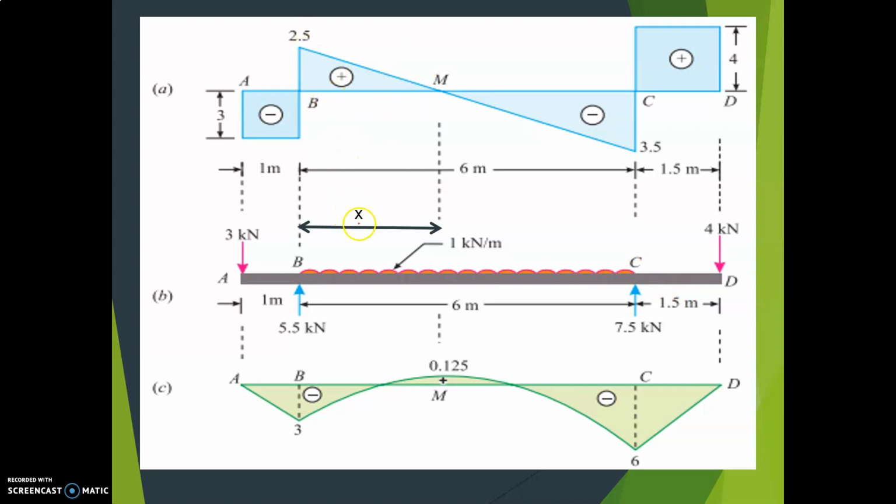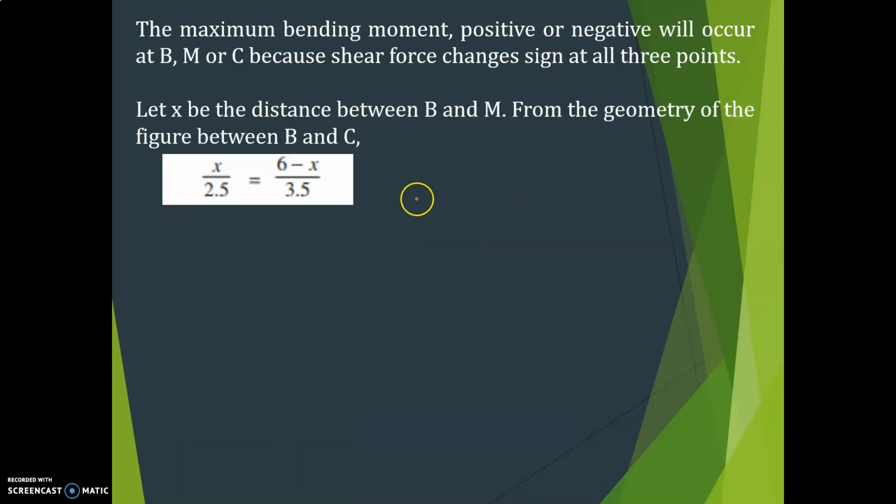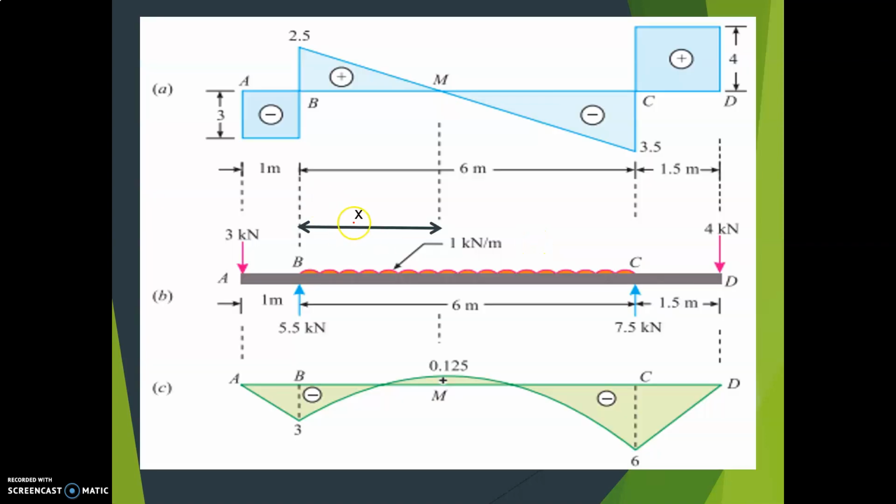If you consider this as X, then 2.5 divided by X is equal to 3.5 divided by this distance. The full distance is 6, so this is X and this is 6 minus X. So X divided by 2.5 is equal to 6 minus X divided by 3.5.